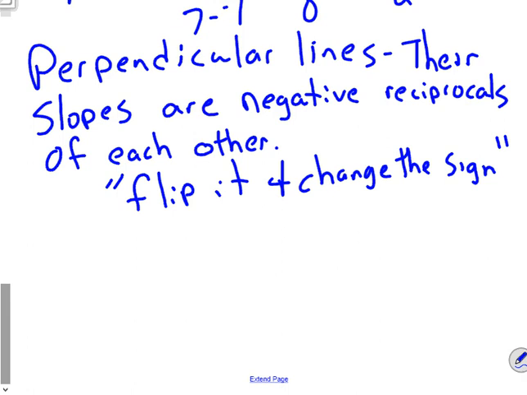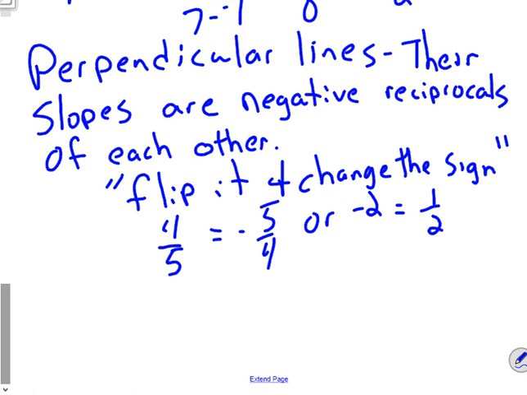So the negative reciprocal of 4 over 5 would be negative 5 over 4. Or, another example, the reciprocal of negative 2 would be positive 1/2. Technically, any whole number is just itself over 1.